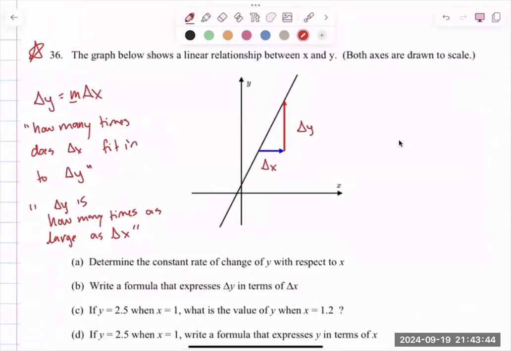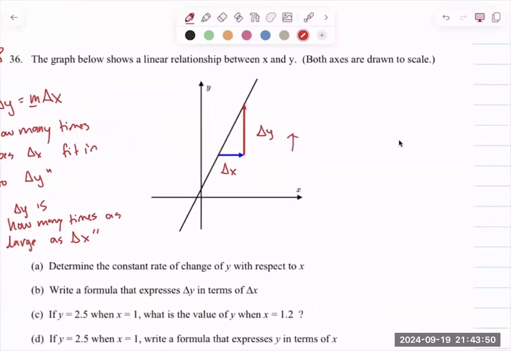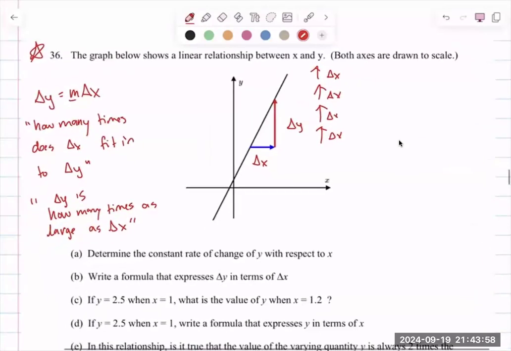If I were to stack delta x's on top of each other, how many would I need to stack in order to get my delta y? How many times as large as delta x is delta y? I hope you would come to the same conclusion, but I think delta y is just twice as large as delta x. So delta y equals 2 delta x. So the constant rate of change is 2.